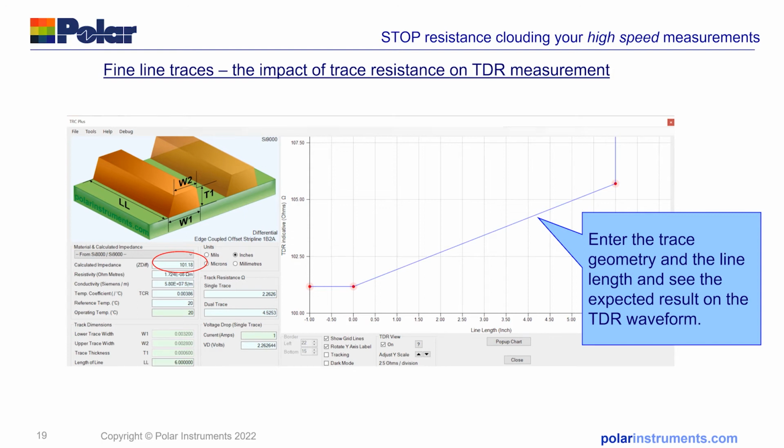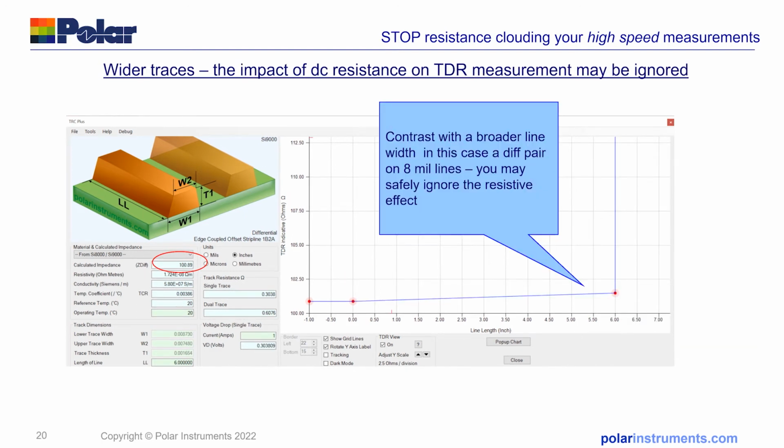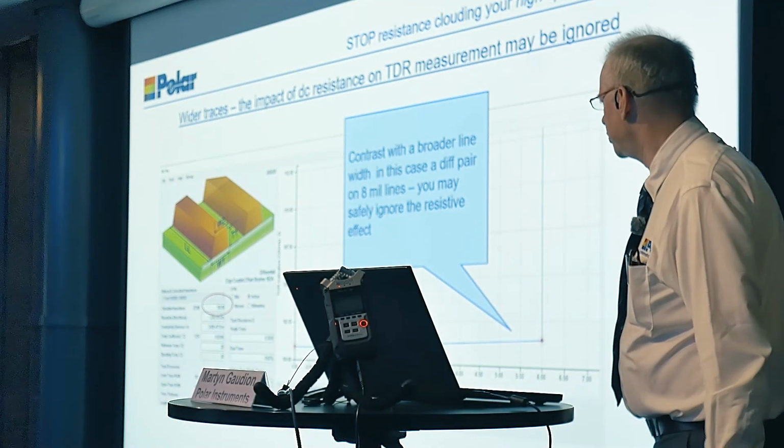So I've done the same model again, put thicker copper, 8mm lines, and suddenly you've got a nice flat TDR trace, so there's nothing to compensate for there. So by doing a simple graph in Excel with a tool, you can see whether the DC resistance needs to be removed from your impedance measurement or not.